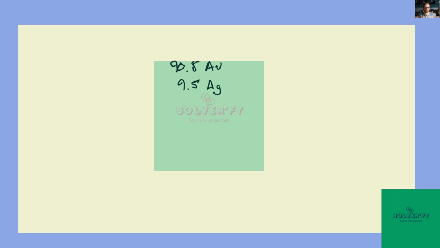And we're also told that its density, rho, the symbol for density, is 8.7 grams per centimeter cubed. And if you didn't know, a centimeter cubed is the same as a milliliter in terms of volume, so 8.7 grams per milliliter.